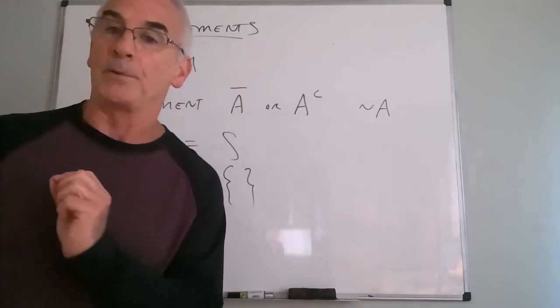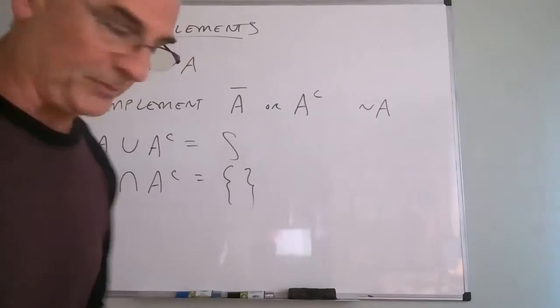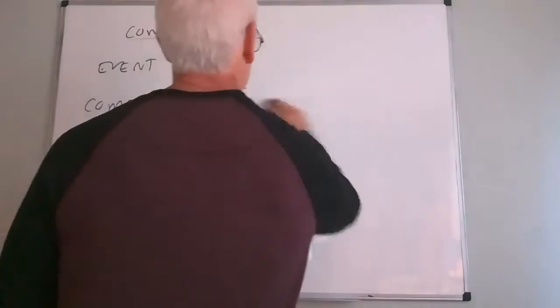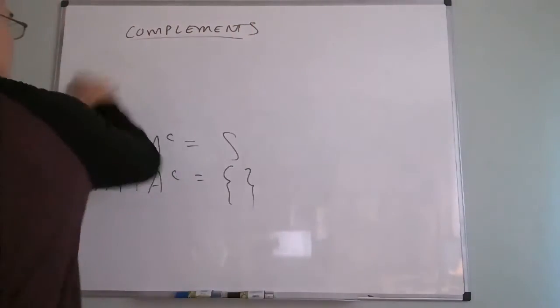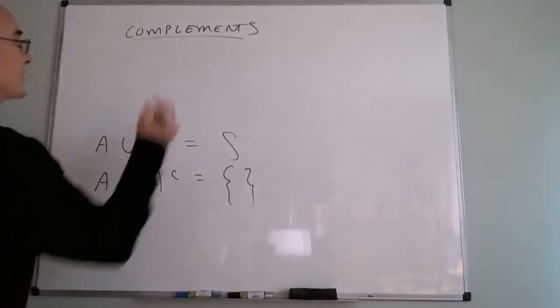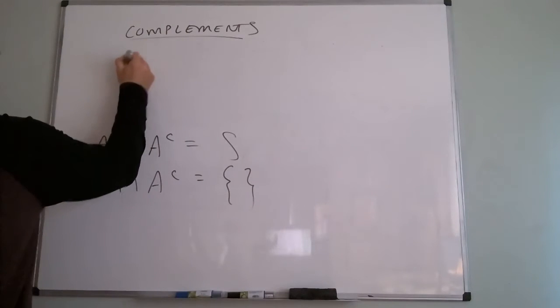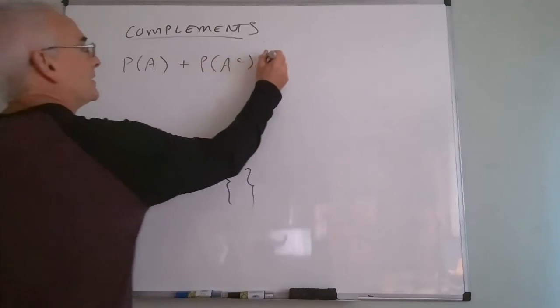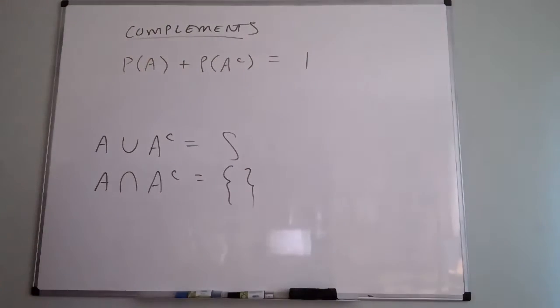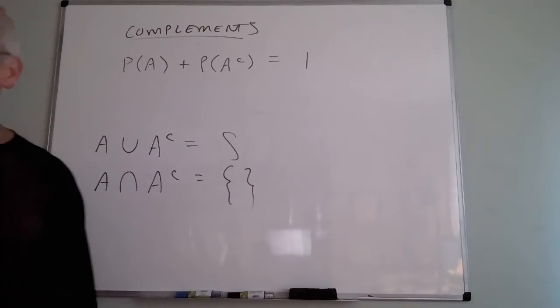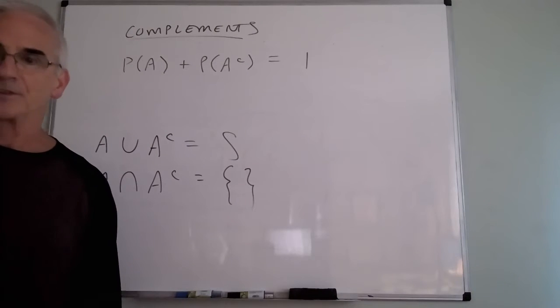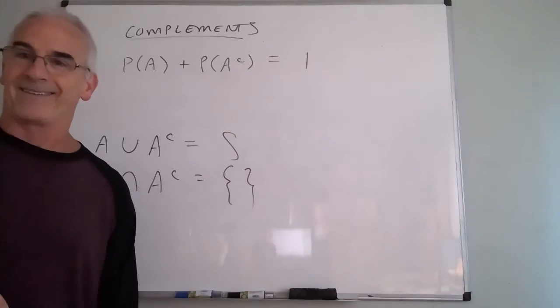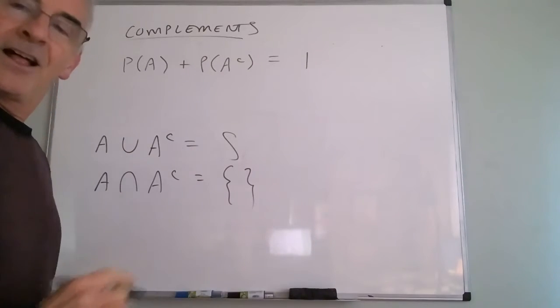Now, the reason complements are so incredibly powerful is from a probability standpoint. If there is no intersection, then the following must be true. The probability of A plus the probability of A complement has to equal 1. That's an absolute. Okay, now think about that for a minute.